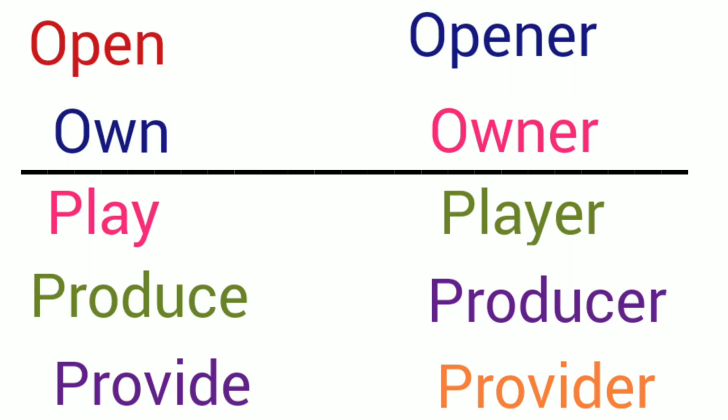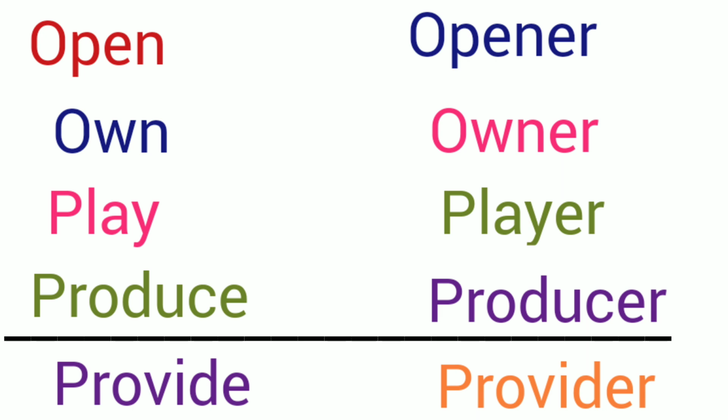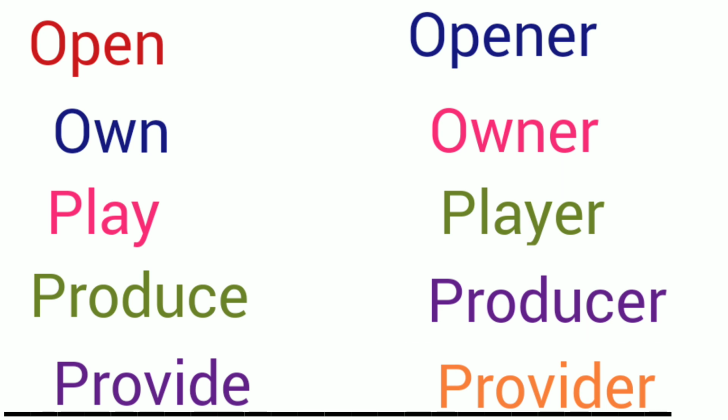Owner, an owner owns a particular thing. Player, a player plays. Producer, a producer produces something. He's the person that produces something. Provider, a provider is someone that provides. Okay, so the function part is open, own, play, produce, provide.